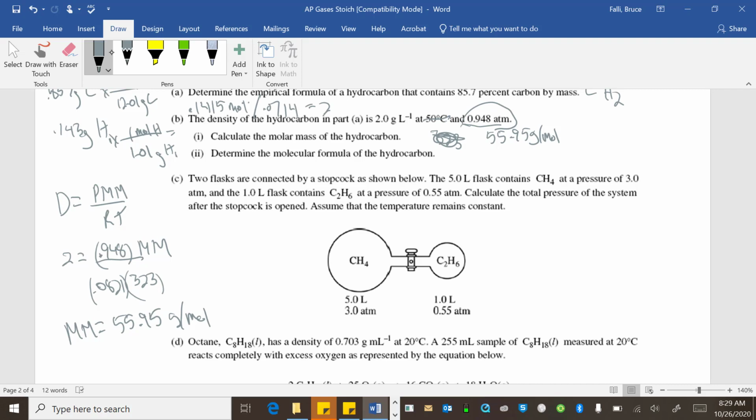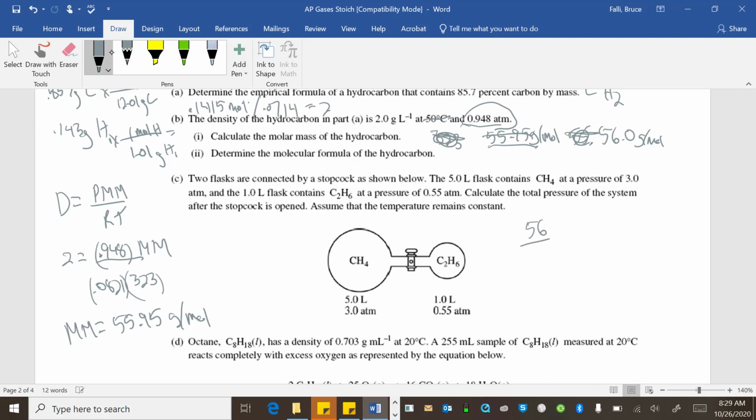Determine the molecular formula of the hydrocarbon. I'm a 3 sig fig kind of guy, so 56.0 grams per mole. So 56 grams per mole is the molar mass of the whole compound.